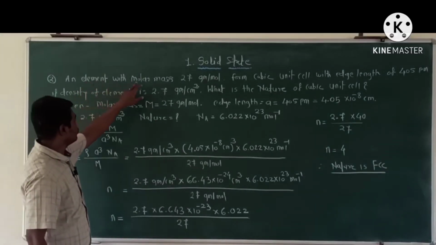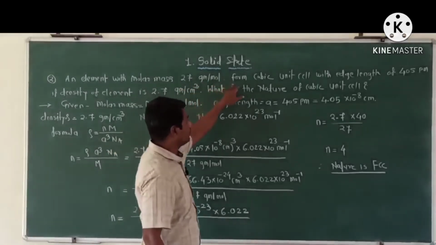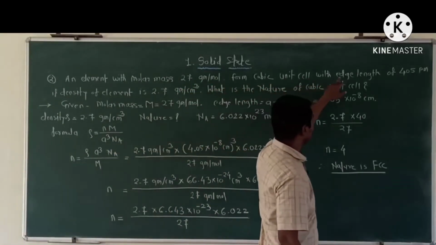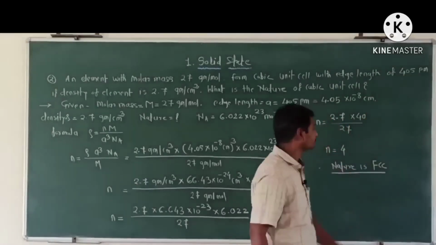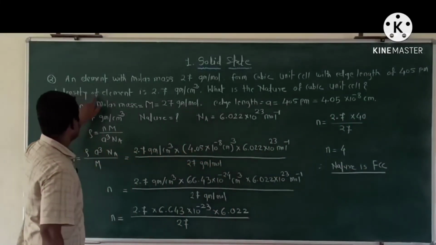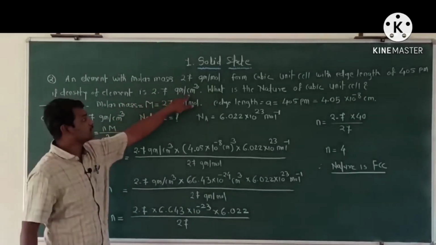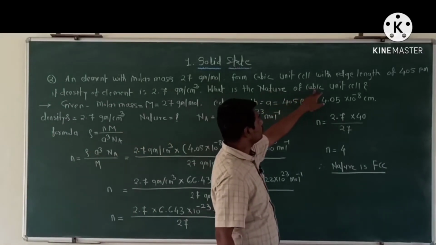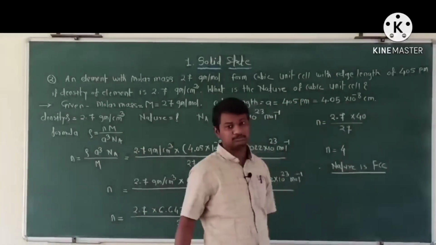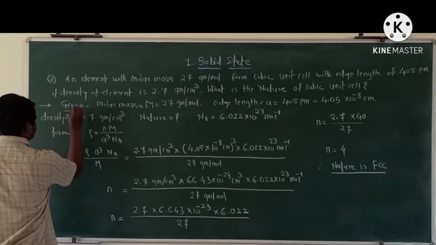An element with a molar mass of 27 gram per mole forms a cubic unit cell with an edge length of 405 picometer. If the density of the element is 2.7 gram per centimeter cube, what is the nature of the cubic unit cell? Okay, now first of all write down the given quantities.